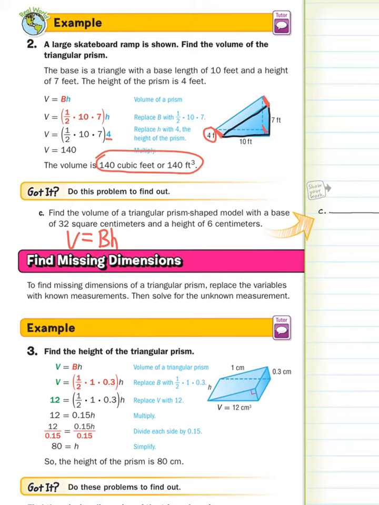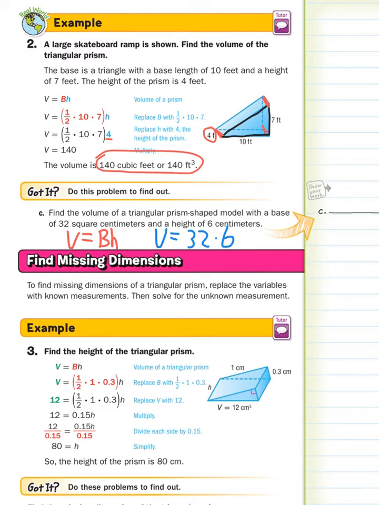So when you substitute, this is all you do. Big B is 32. Now remember height, they told us the height of 6 centimeters. 32 times 6. So, don't panic. When it says the base and it gives you a number and it says square units, they are giving you big B without you having to figure it out like we did up here.